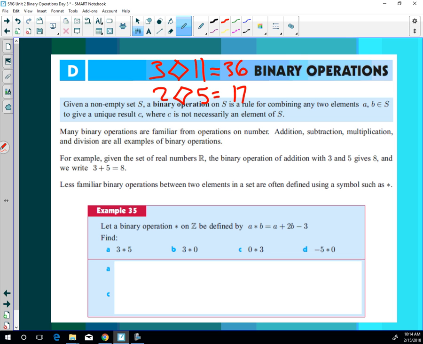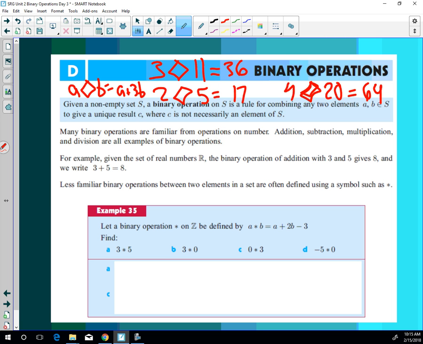Okay, how about 4 diamond 20? That's 64. So what is happening to A and B here if I go A diamond B? What is that? A plus 3B. So that's the operation of what we're calling a diamond star.